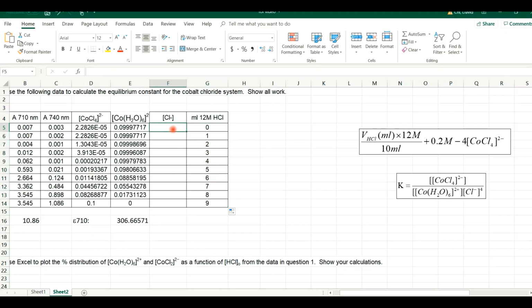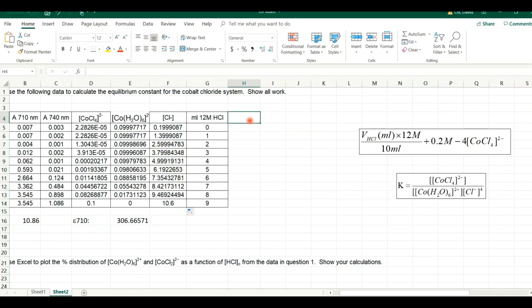Now, according to the equation, it equals the volume of HCl times 12 divided by 10 plus 0.2 minus 4 times cobalt tetrachloride, and copy paste. So now we have the concentration for all the ions.